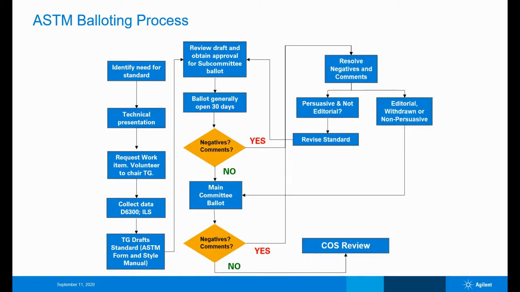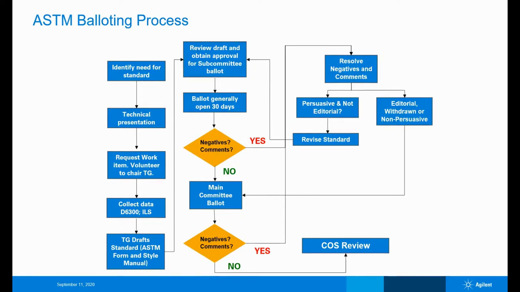So when that becomes necessary, this industry need for a standard can then be presented at a technical presentation at a stated meeting at ASTM D2. As I mentioned, those meetings are held in June and December, and they're conducted in several cities within North America.